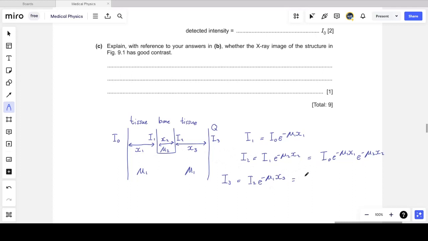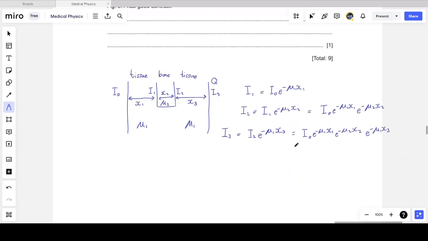And this is I2, which is I0 e to the minus mu1 x1, e to the minus mu2 x2, times e to the minus mu1 x3.